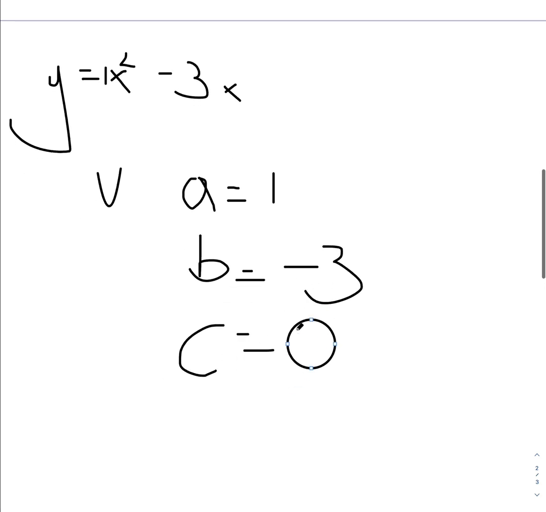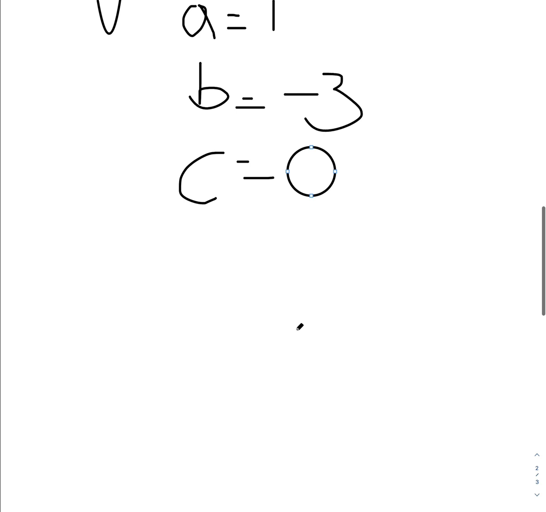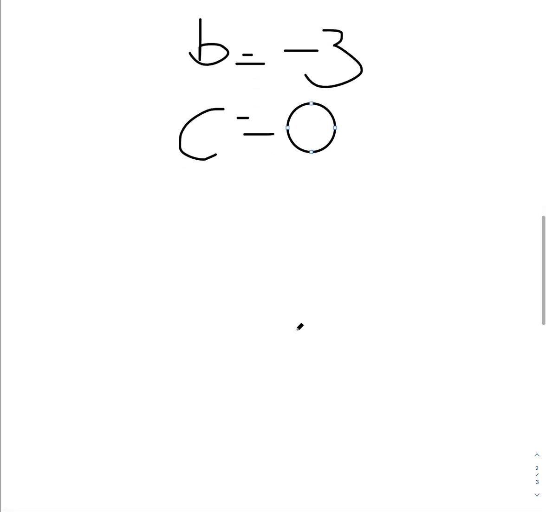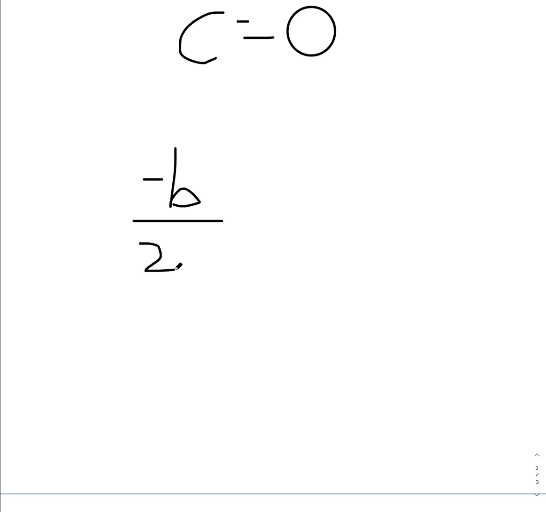So now, what we could do with this information is substitute. No, we don't need to substitute, but to find the minimum point or the maximum point, it doesn't really matter, you have to use this formula: negative b over 2a.